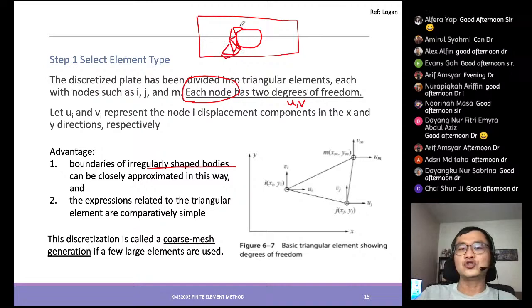Another advantage of CST is that it is comparatively simple because it only involves three nodes, meaning the number of unknowns to be solved is reduced, and the number of equations involved will also reduce, in terms of the expressions that you will see later on in the displacement functions. So you can always mesh into either a very coarse mesh or a very fine mesh later on.